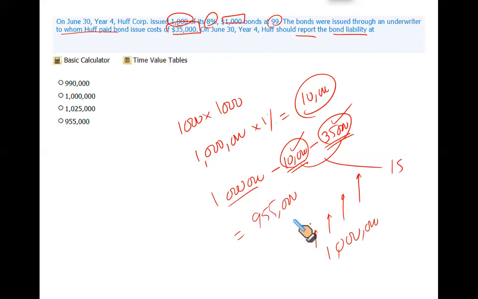It will increase with the passage of time when we amortize this bond discount and this issuance cost, and we charge it as an expense in the income statement. The point I want to make is that this issuance cost is not charged as an expense straight away in the income statement. Rather, it is amortized.